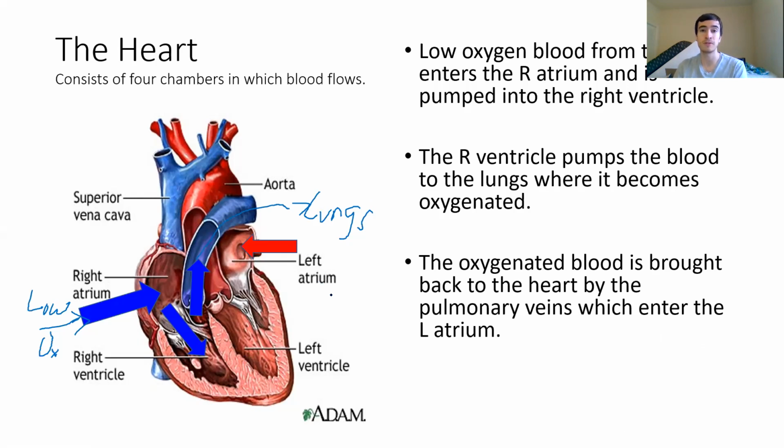So the right ventricle sends blood out of the heart. That blood goes to the lungs and picks up a whole bunch of oxygen. That blood then comes back into the heart and the left atrium. So right atrium, right ventricle, lungs, left atrium. That's where we've gone so far.